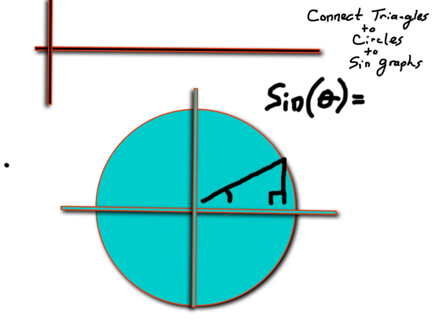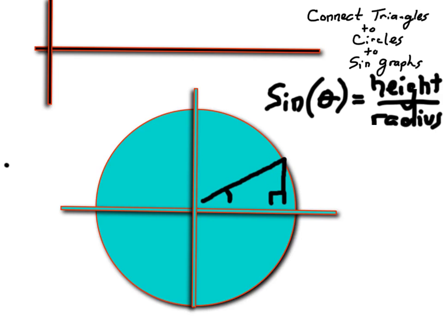So I am actually going to use some different words when I write this. I'm going to use the word height, and I'm going to use radius. Those are the same thing as the opposite side, because the side opposite the angle is the height of the triangle, and the radius of the circle is also the hypotenuse of the triangle.